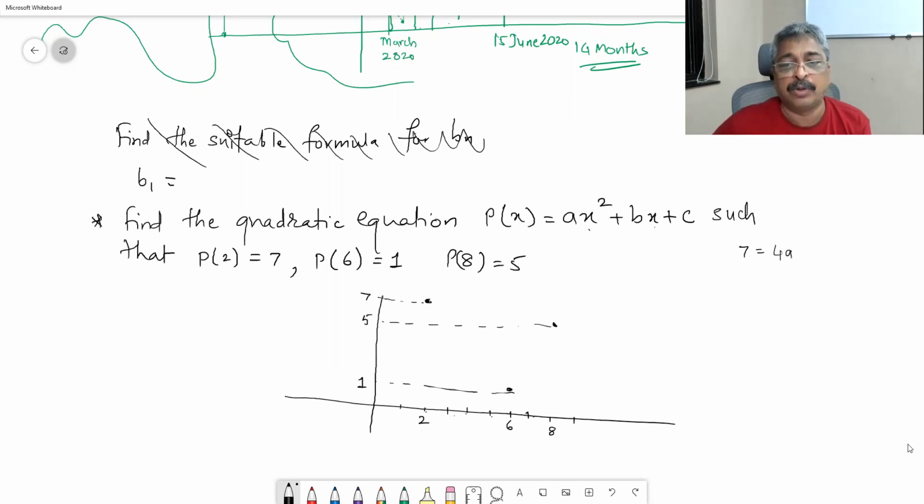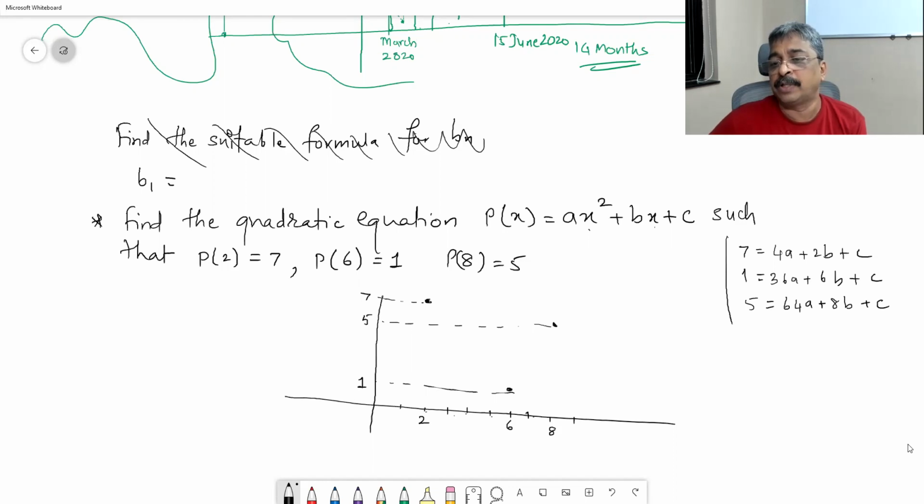4a, x is equal to 2, plus 2b plus c. This is the first expression that I get. Second expression is 1 is equal to 36a plus 6b plus c, and 5 is equal to 64a plus 8b plus c.